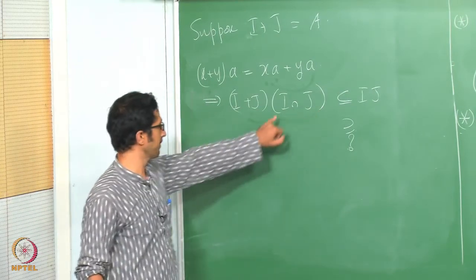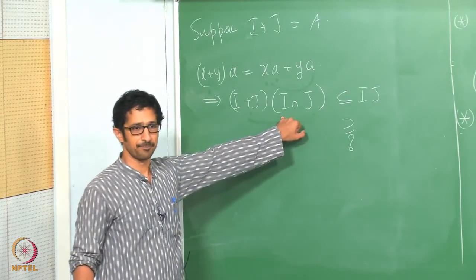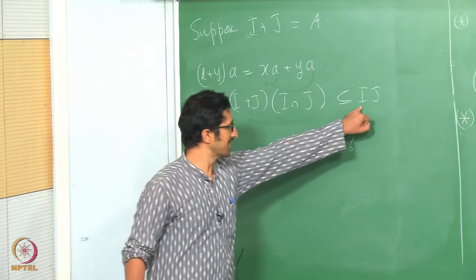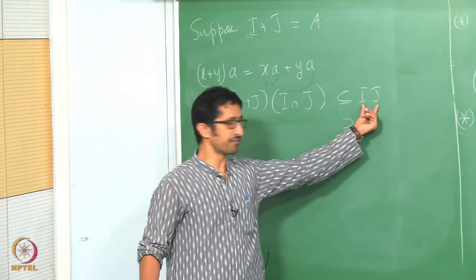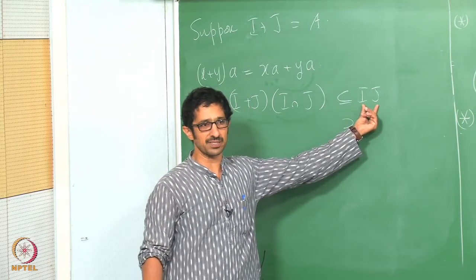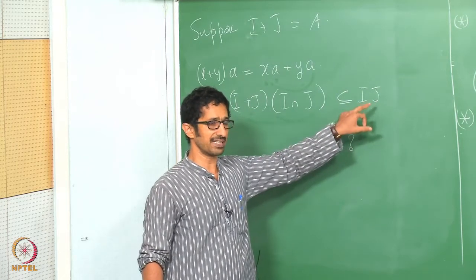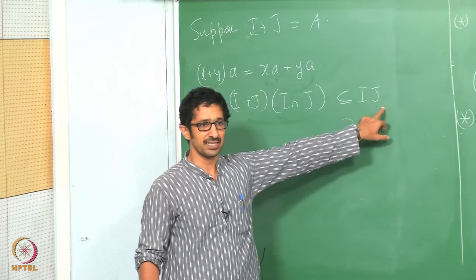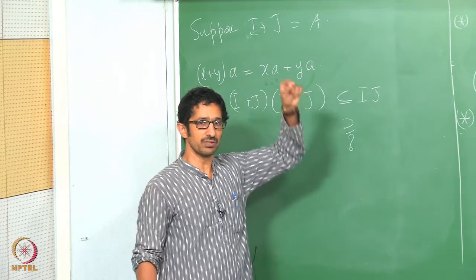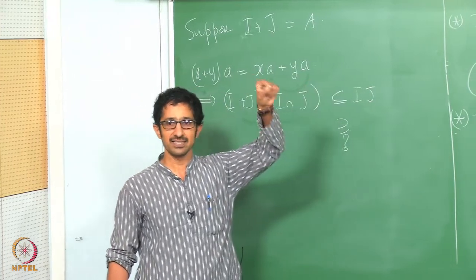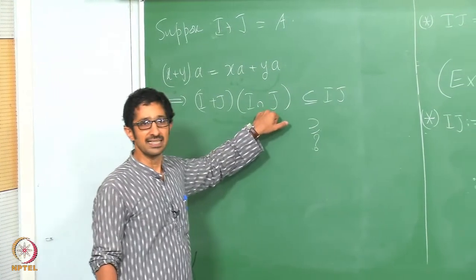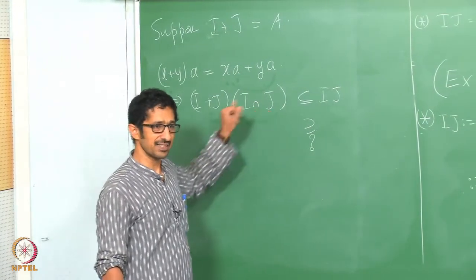This product would be simply I intersection J. But if you take any generator of IJ, it is of the form some product xy, where x belongs to I and y belongs to J. That product belongs to I as well as J, or in other words it is in the intersection, which means it is.